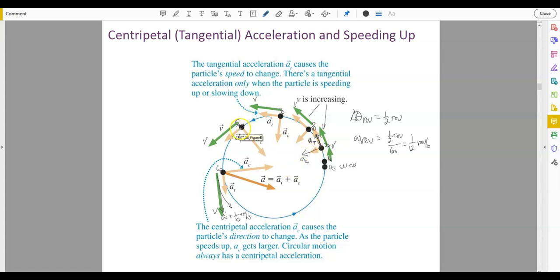Over here, it's moving down and to the left, and it's got an acceleration vector that is increased because it's speeding up. Well, actually, it's got a constant tangential acceleration vector, but its velocity vector is increased.